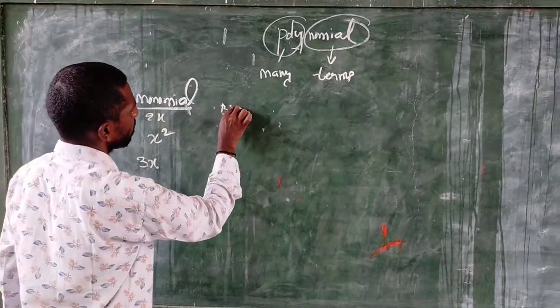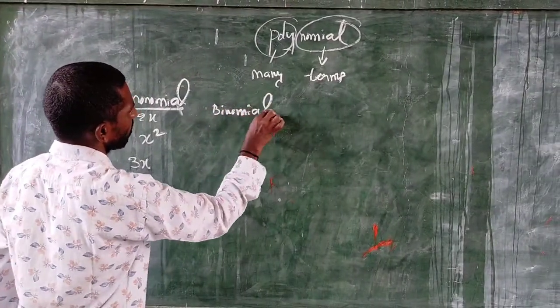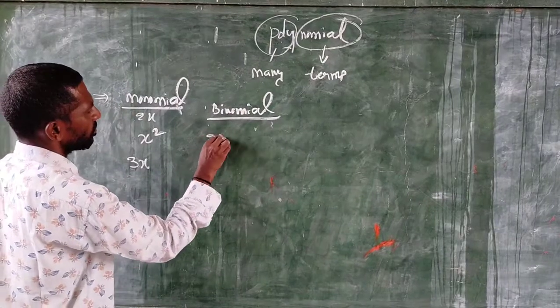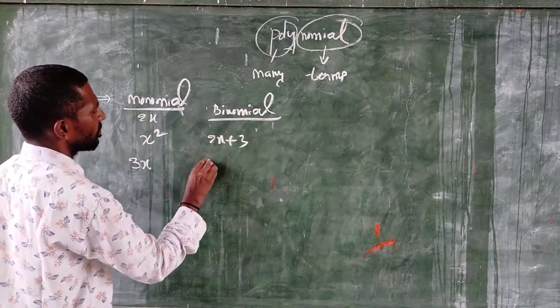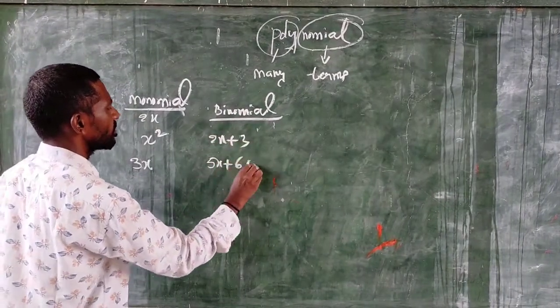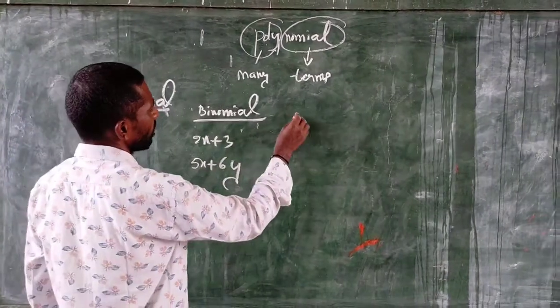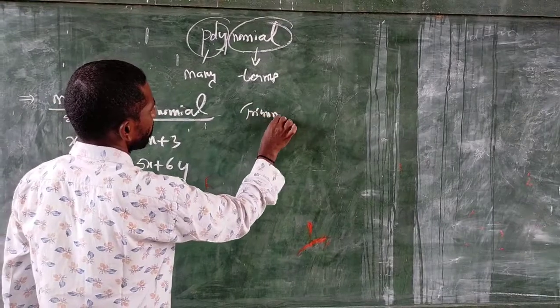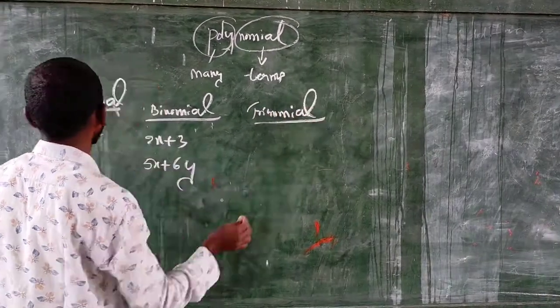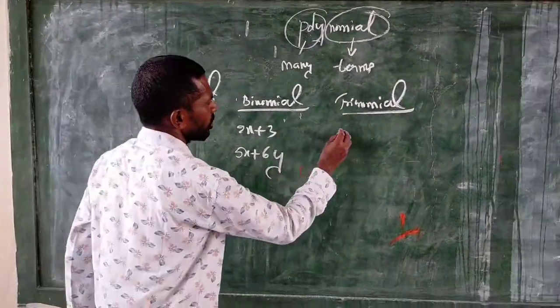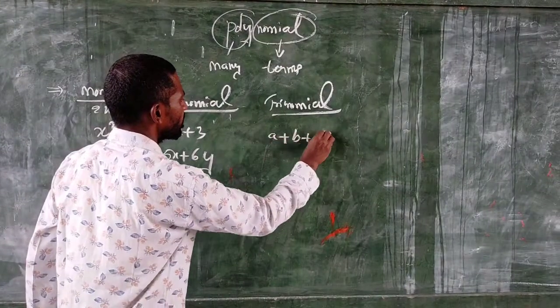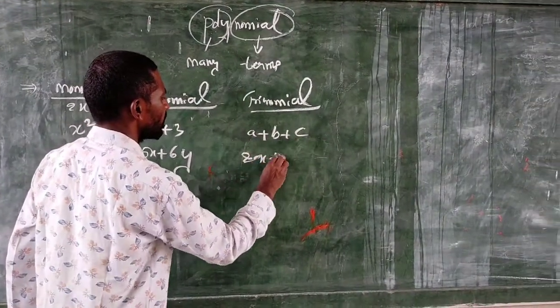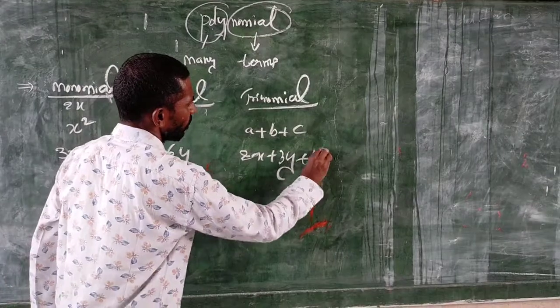Binomial, two terms: 2x plus 3, 5x plus 6y. And trinomial: a plus b plus c, 2x plus 3y plus 4z.